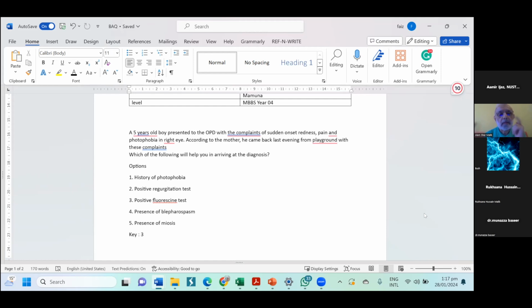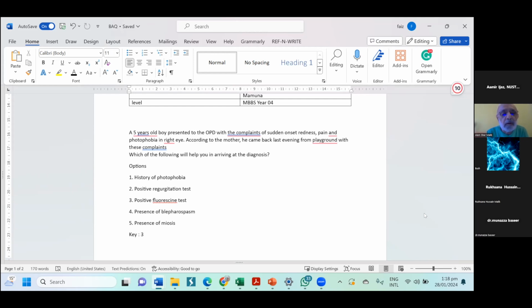That's absolutely right, Doctor. The point here is if you look at the options, they are not homogeneous. There are some tests, there is some science, and there is history. The options should be able to be grouped under one heading, for example, investigations or treatment. Here the options are not homogeneous, so we cannot group them under one.